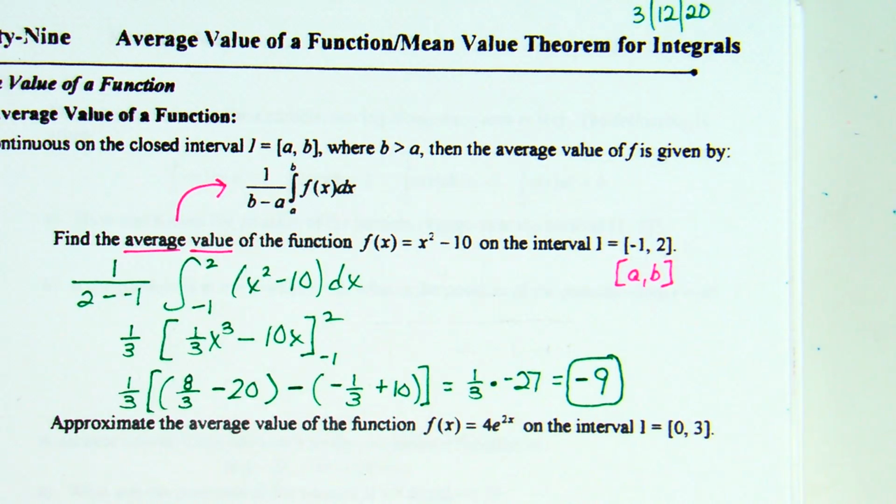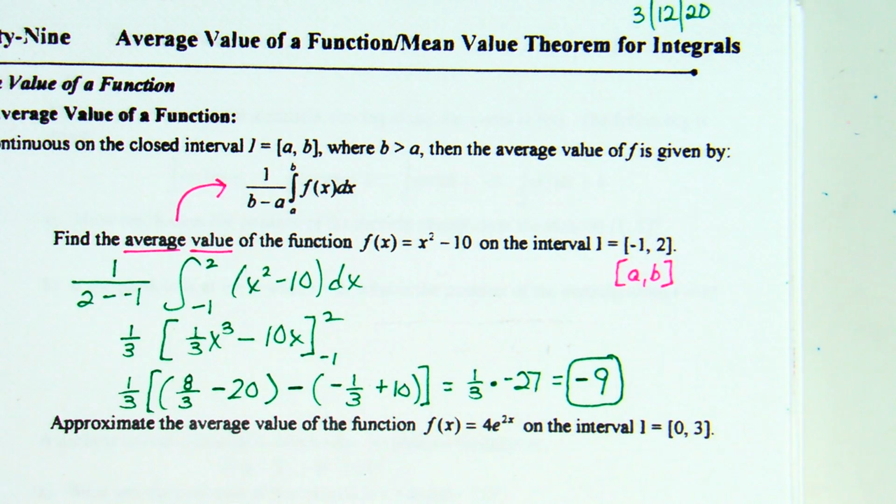Now, this is average value, and we got a negative. All I just want to talk about is that if you have a negative average value, that just indicates that your average value is where in relation to the x-axis? Below. A positive average value would indicate that it would be above.